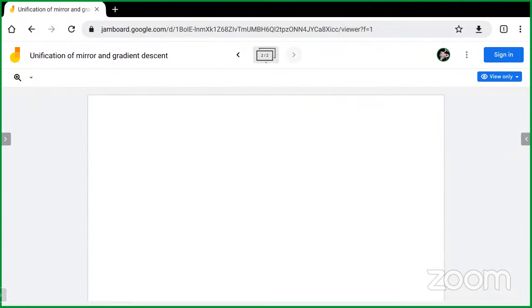Okay, so first let's just see what this other view is. So this is called the proximal point view. So what does this say? So the idea is that your gradient descent can be thought of as your x_{k+1} is the minimizer of some quadratic.